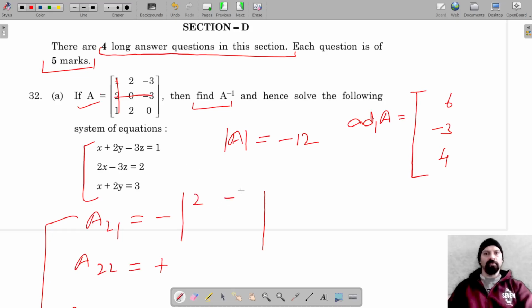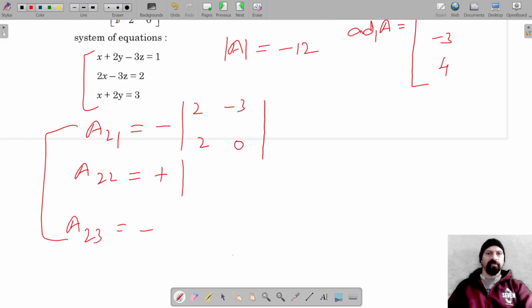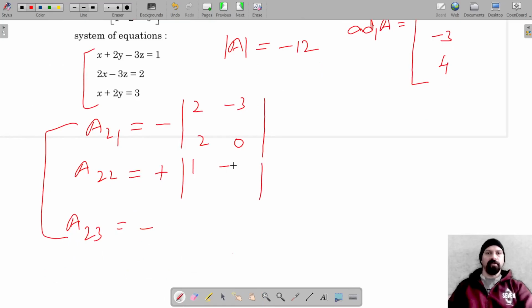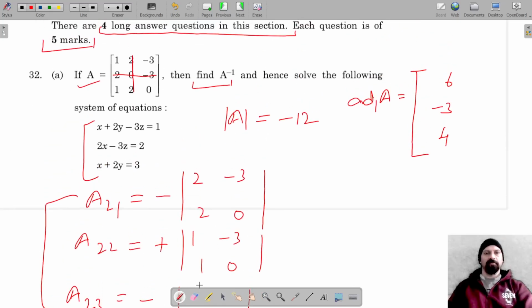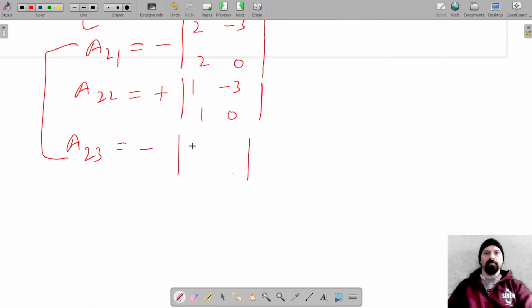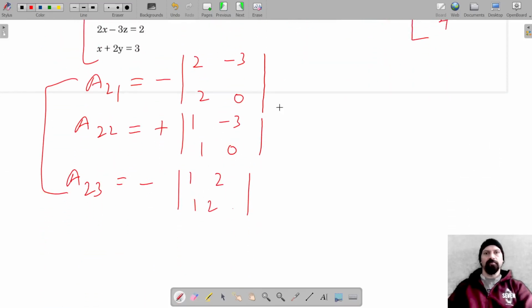So this is 2, negative 3, 2, and 0. So removing the second row and the second column, it's 1, negative 3, 1, and 0. And this is if you remove the row and the column for the third one, it's 1, 2, 1, 2.